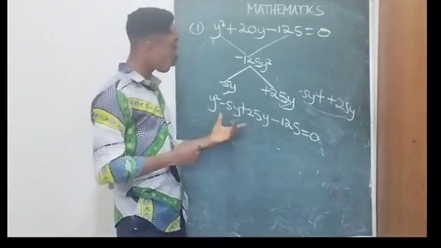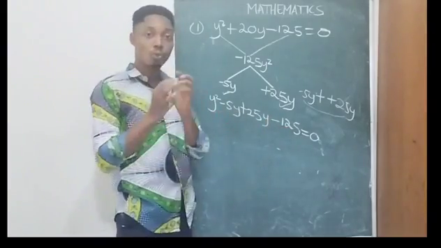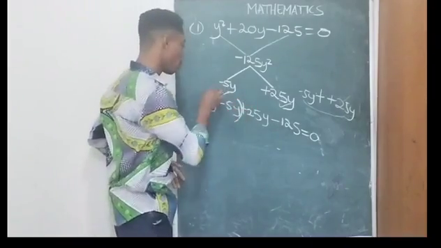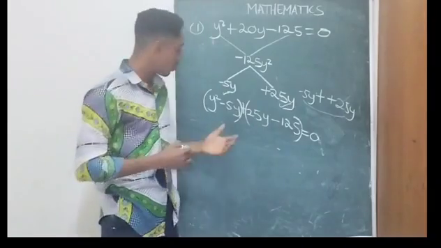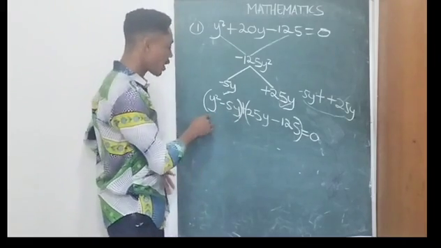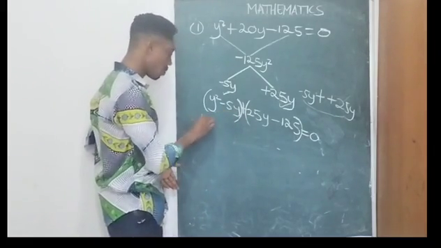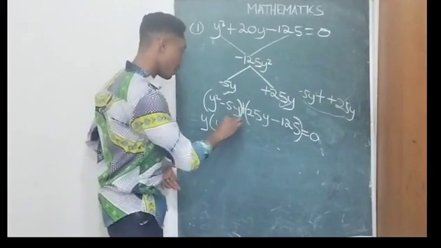The next thing we're going to do is group these terms into two groups, the first group of 2 and the second group of 2, and factorize each group. Factorizing the first group, the highest common factor is y, giving y into y minus 5.